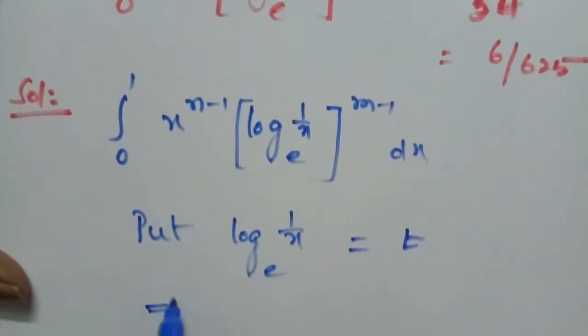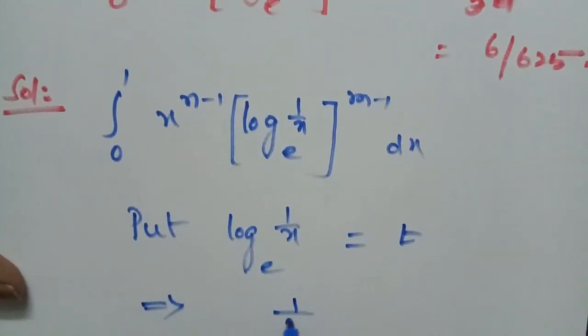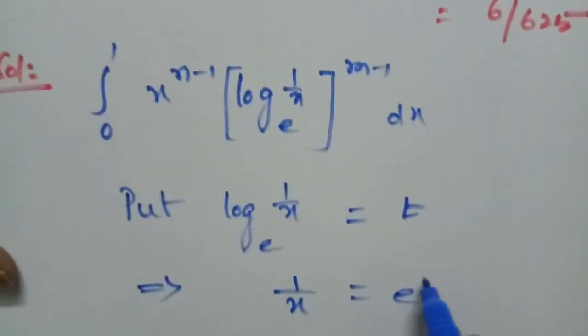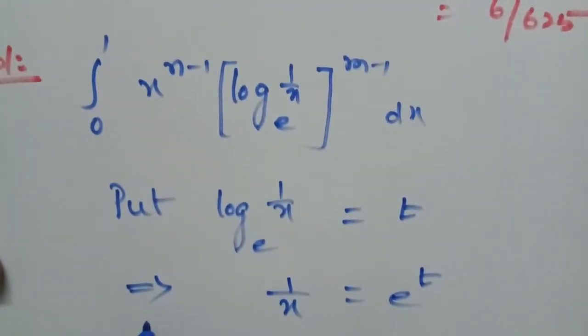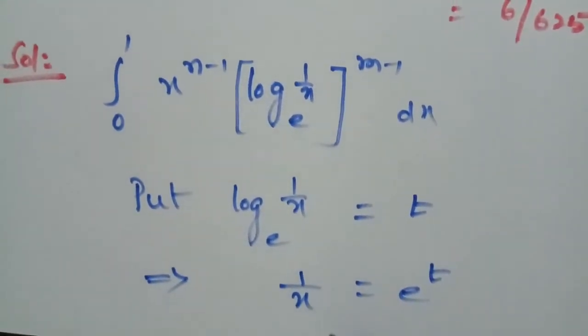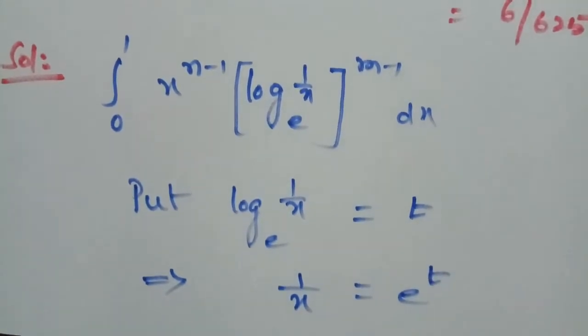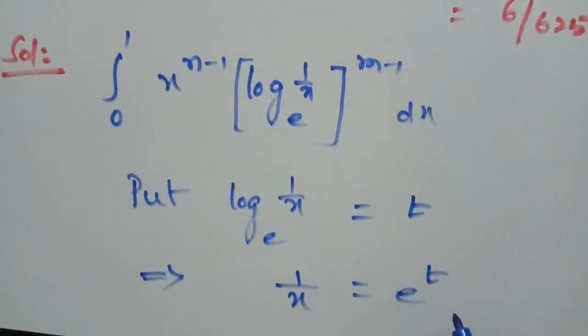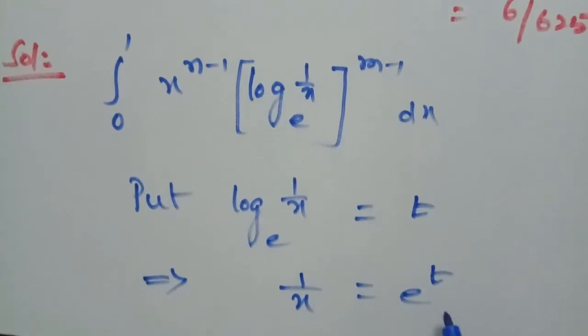Therefore, this implies 1 by x is equal to e to the power of t. Therefore, reciprocal, x is equal to 1 by e power t, that is e to the power of minus t. So x is equal to e to the power of minus t.